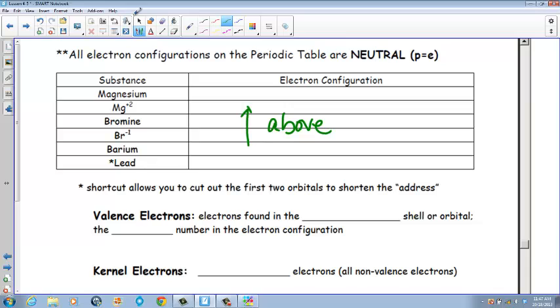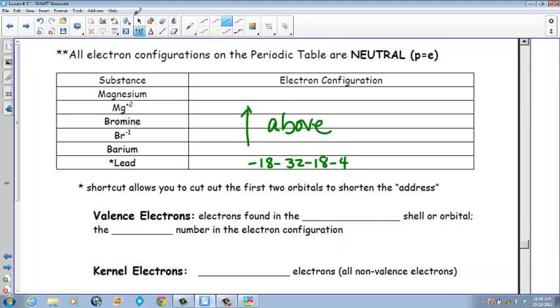Lead is going to be, and this is an exception, because the orbitals are listed after the first 2. So you have 18-32-18-4.